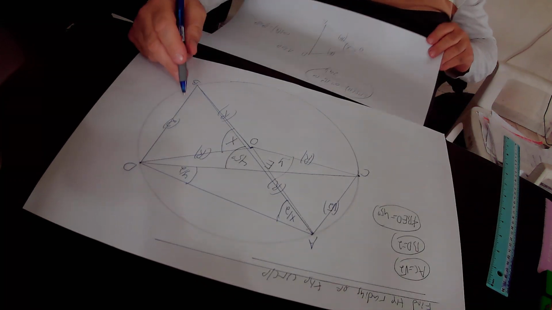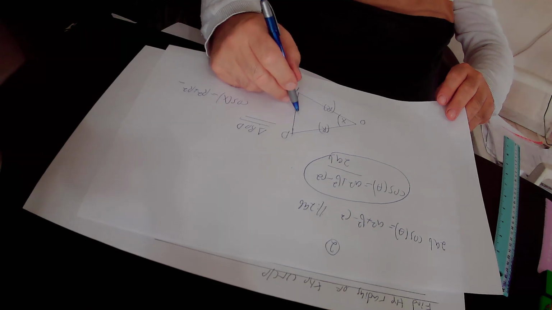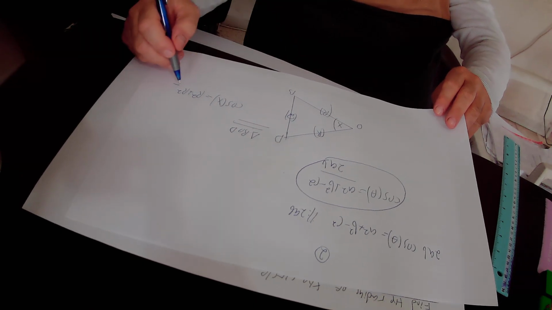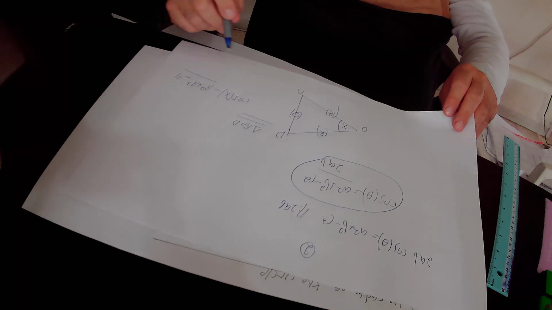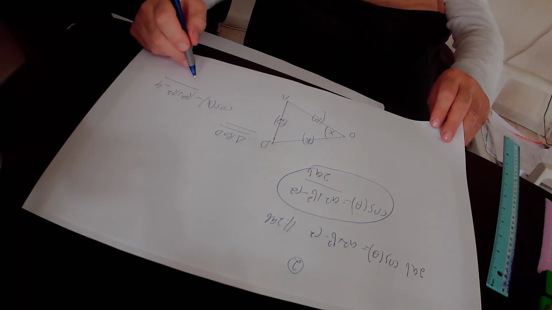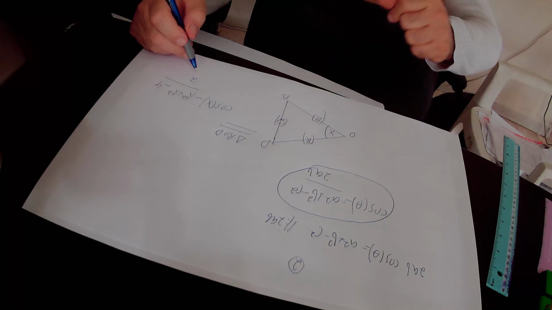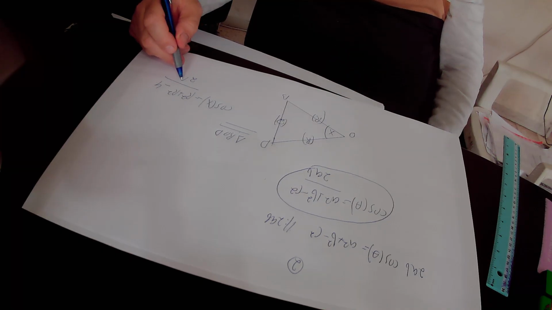DB equals 2, therefore DB squared is 2 squared, that is 4, divided by 2AB, so it is 2, A equals B equals R, so it is 2 times R times R.